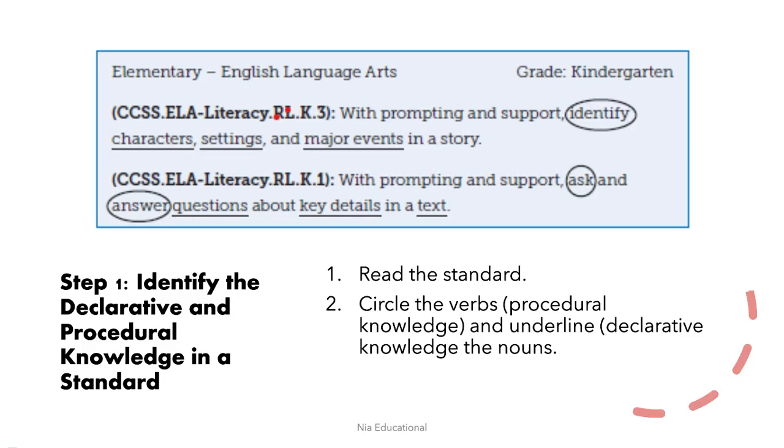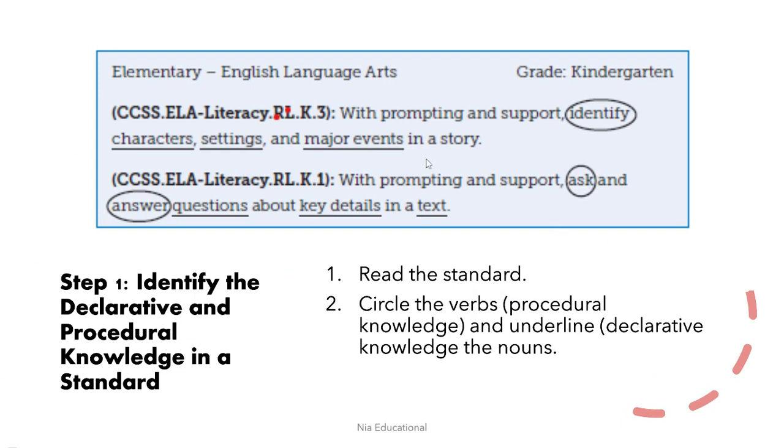Now, let's go back to that kindergarten ELA standard that we looked at. Step one in creating learning targets is to identify the declarative and procedural knowledge in a standard. So the first thing you're going to do is read through the standard. You're going to circle the verbs, or the procedural knowledge, and you're going to underline the declarative knowledge, or the nouns.